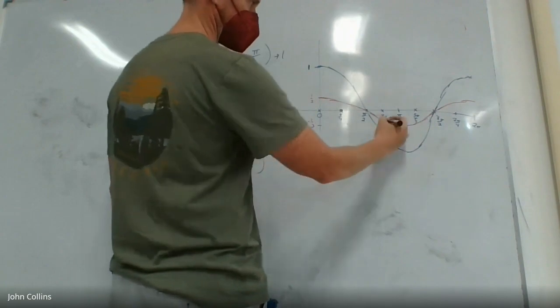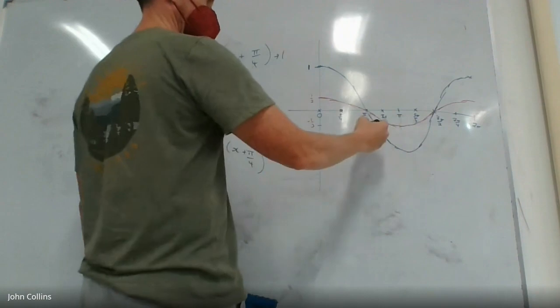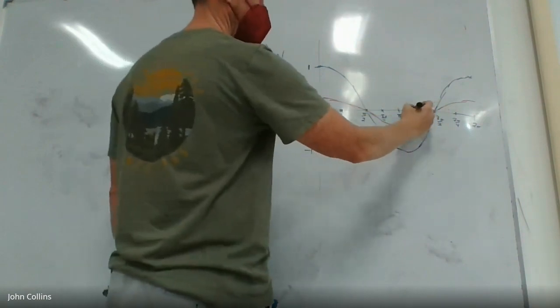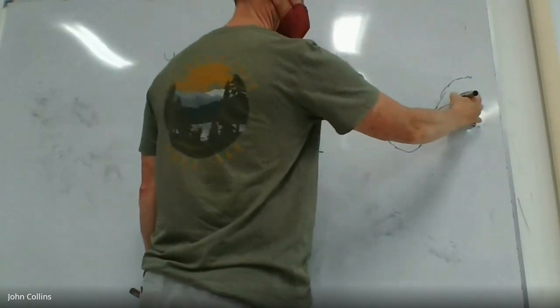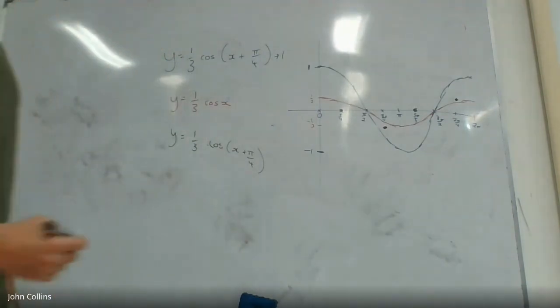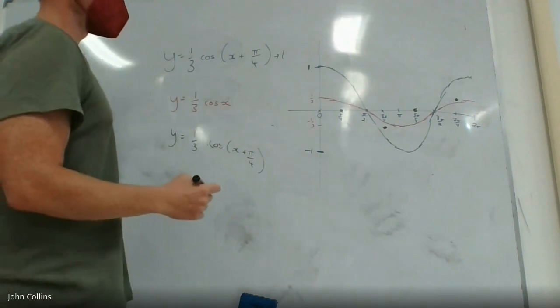Oh, sorry, that hasn't moved far enough. It's only moved pi over 4, so this point has moved back 1 to here. And this high point here has moved back 1 to here. 1 on my scale, I think. What about here?